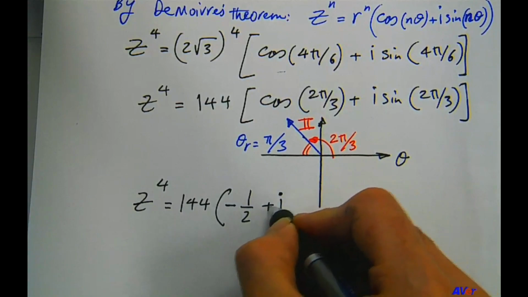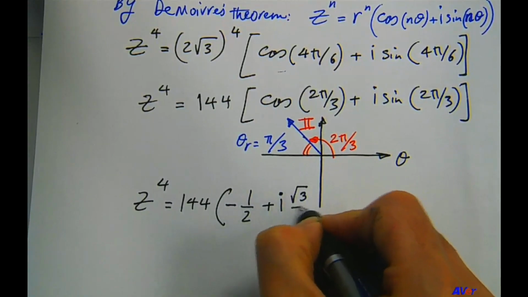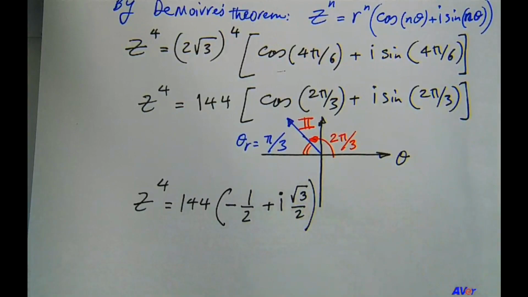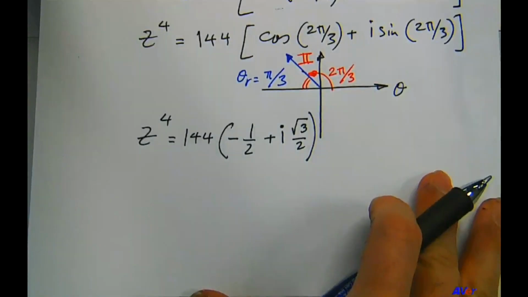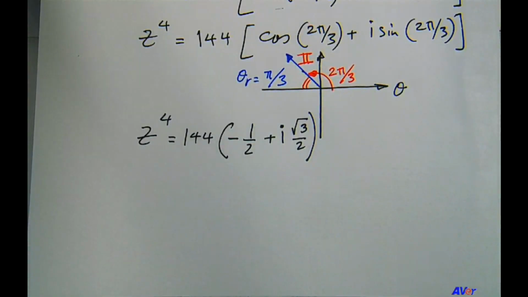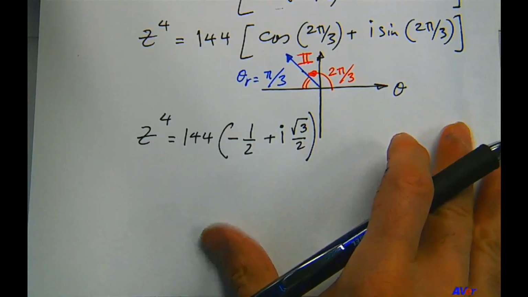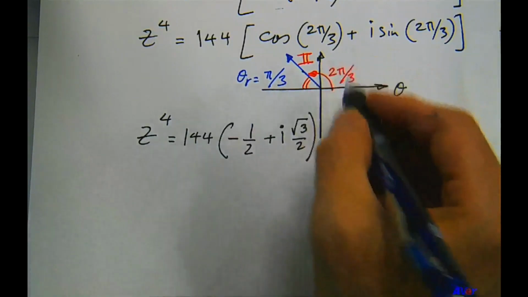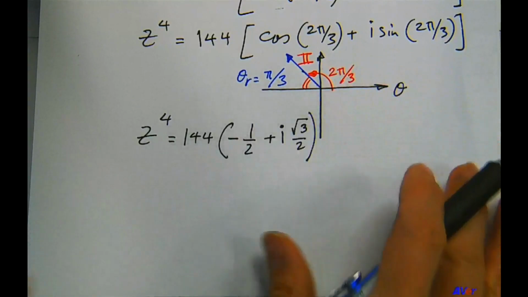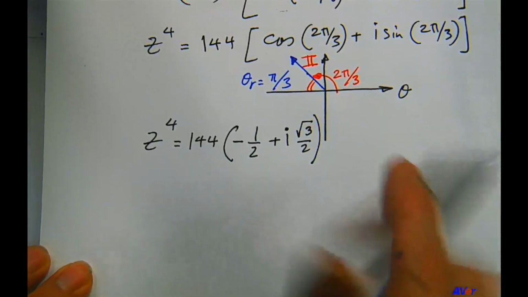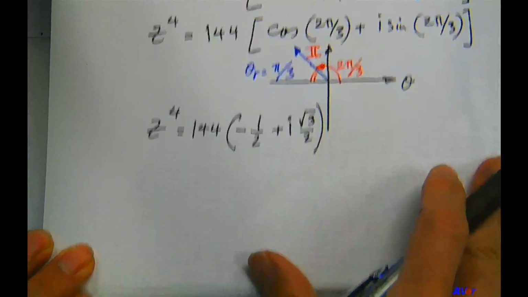So plus i times square root of 3 over 2. Okay, I hope this is starting to make sense because it's all connected, the reference angles and all these formulas. So then let's factor out 1/2 from these two terms.